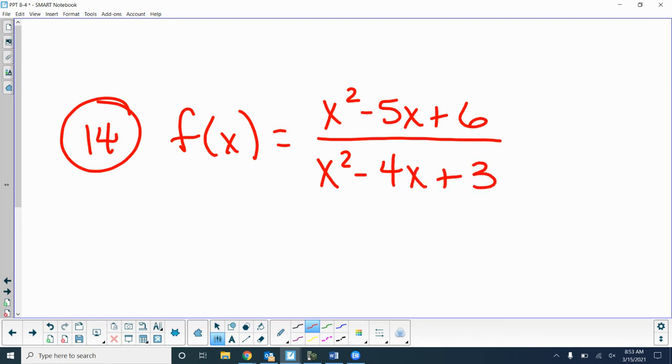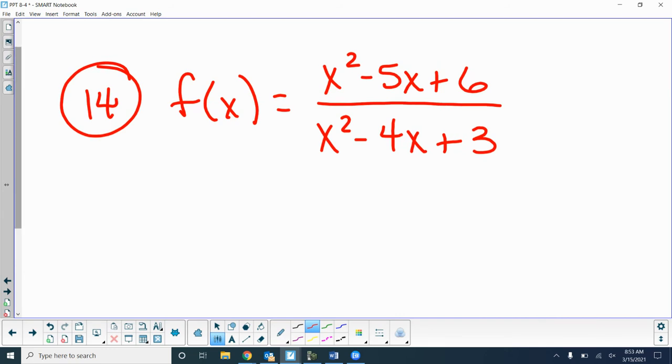All right, so the first thing we're supposed to do, so we can figure out zeros and vertical asymptotes and horizontal asymptotes, is factor. Some of you did not do that. Factor.